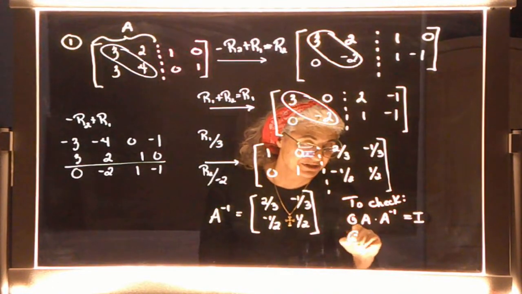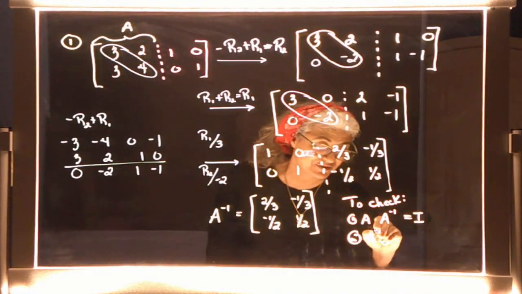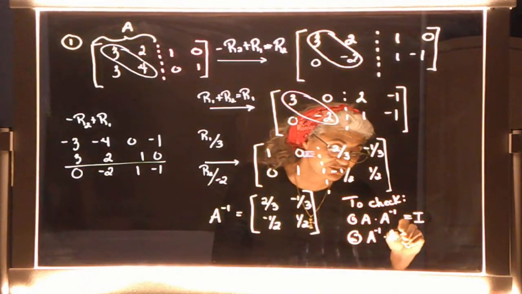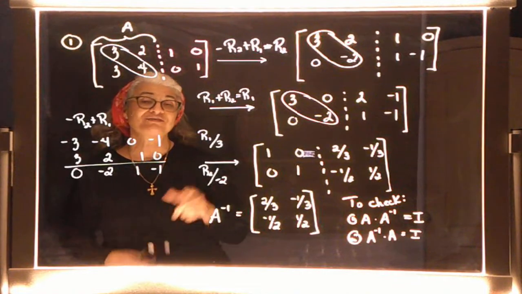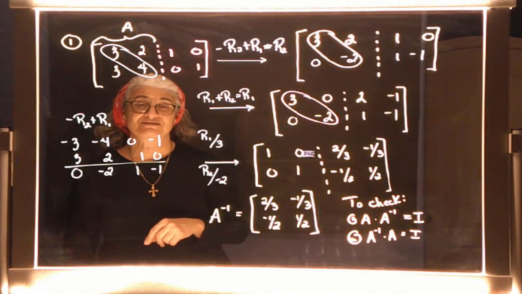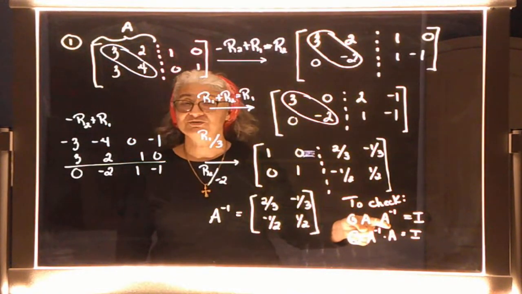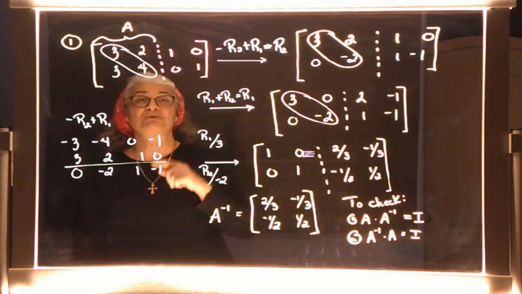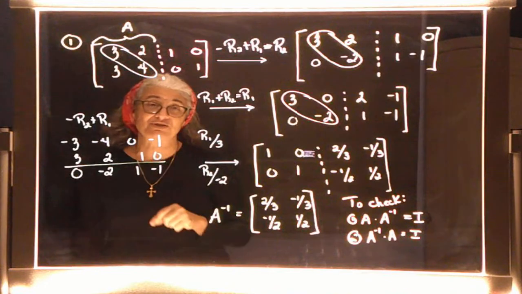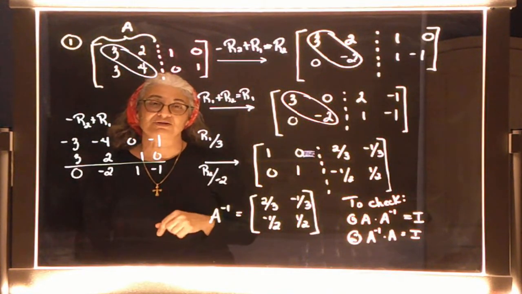The second part is you got to take the inverse, multiply by the original, and it better also give you the identity matrix. You have to check it in both directions. The original times the inverse, and then the inverse times the original. And in both cases, you better get this identity matrix back. That's how you check your work.